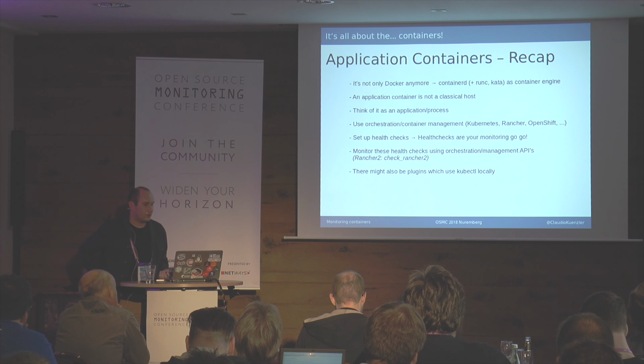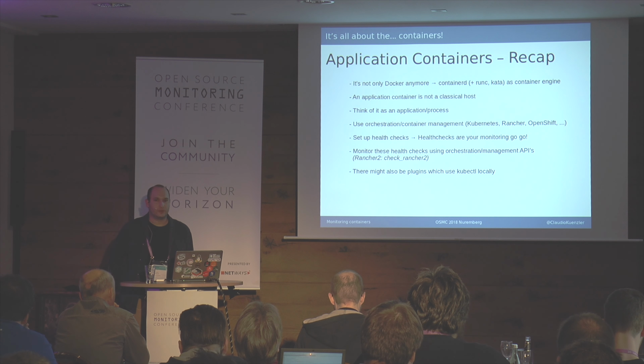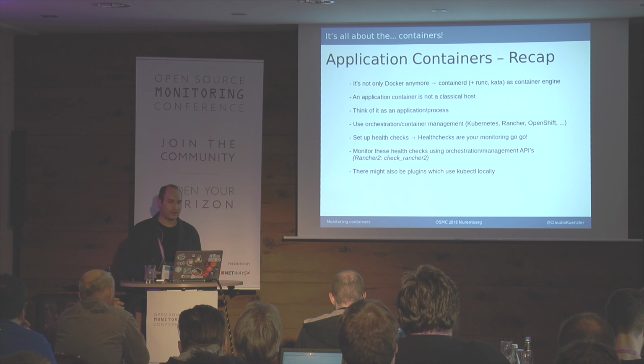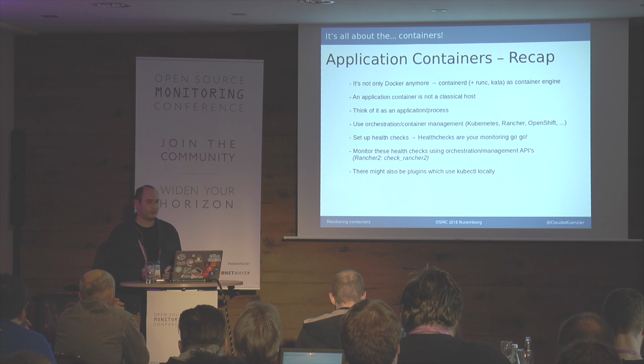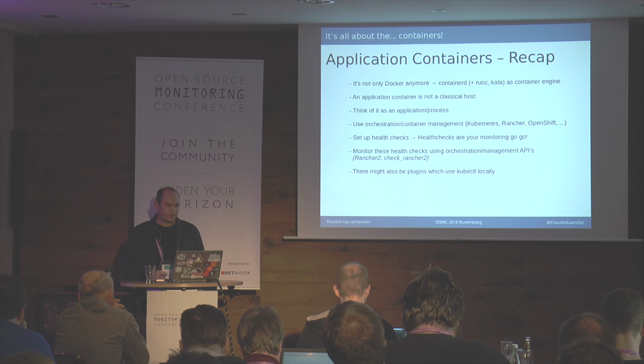We should consider that an application container is not a classical host anymore. It's really just a process, and that's how we have to handle it in monitoring as well. To facilitate your work with application containers, you should use orchestration and management tools, Kubernetes, OpenShift, Rancher, etc., to help automate your containers and your environments.